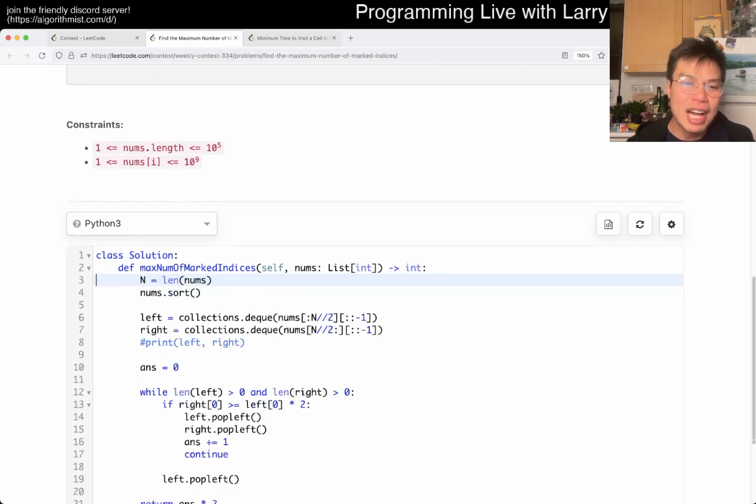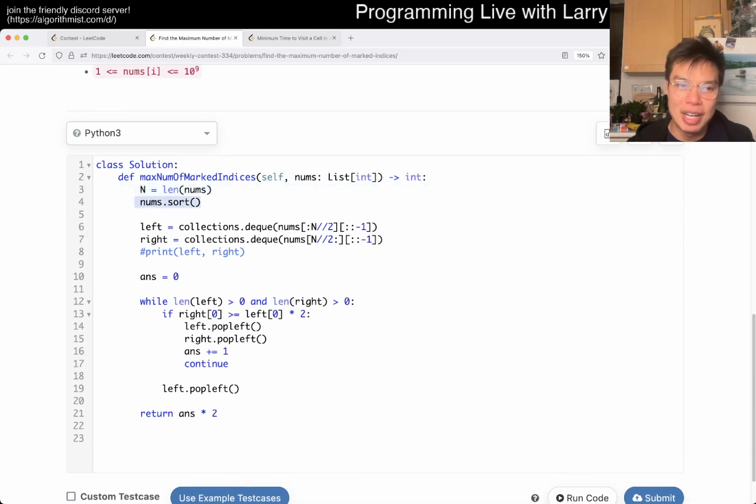But okay. So yeah, first we sort the numbers, and I probably could have actually sorted in reverse. But anyway, I take the first half, reverse it, and then put it in the deque, so that I don't have to worry about indexes and counting and stuff like that. Same for the second half, and then basically it's just what I said, right? So the left half is the smaller half, and the right half is the bigger half in my code.